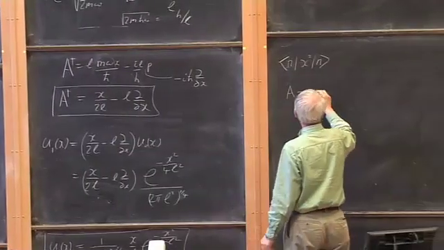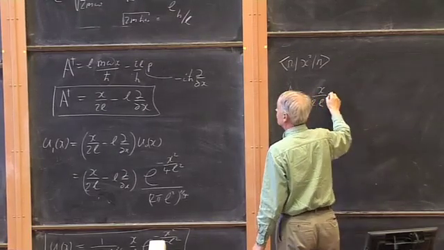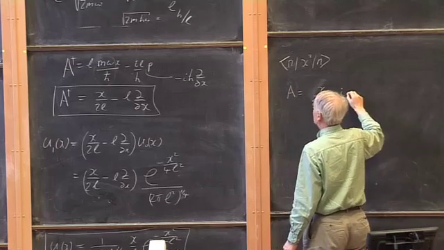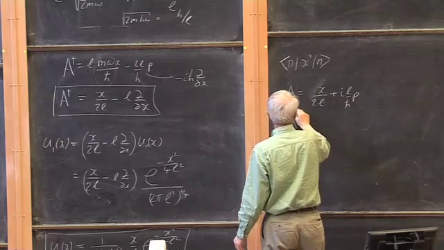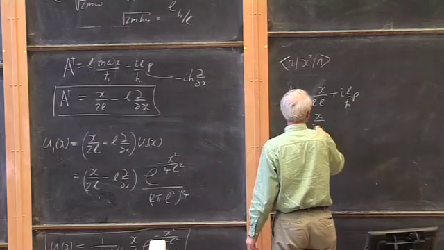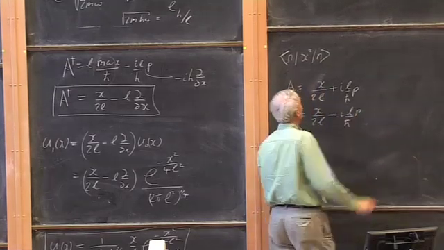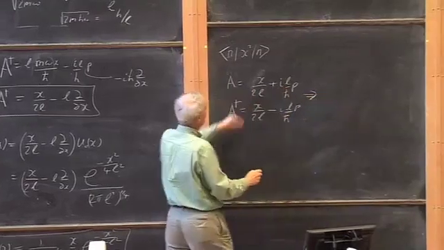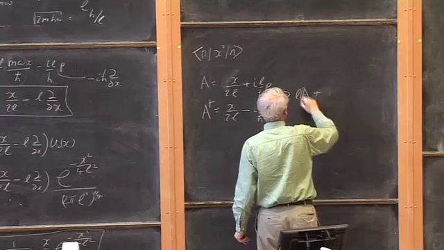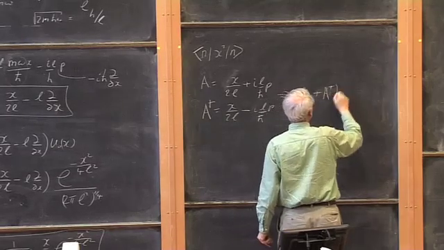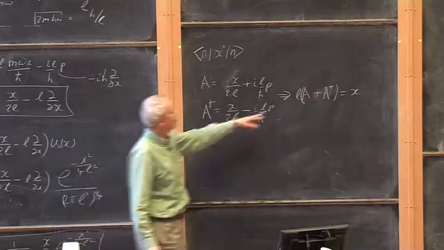A is going to be x over 2L plus i L upon h bar p, and A dagger we've got there is x over 2L minus i L p over h bar. So if you add these two equations, you discover that A plus A dagger is equal to x.